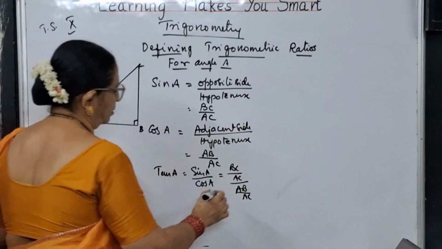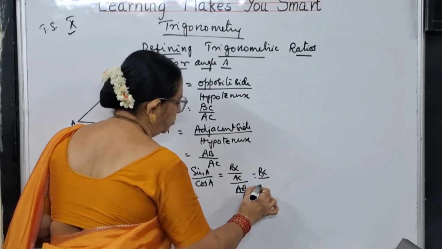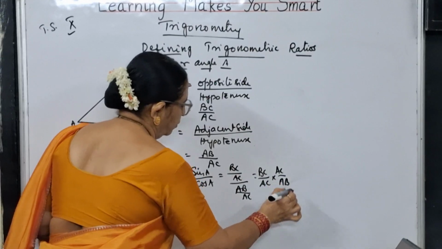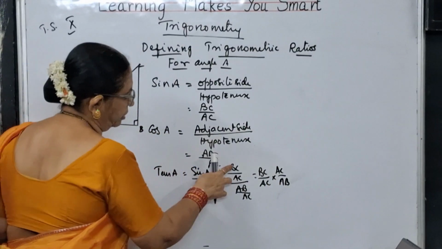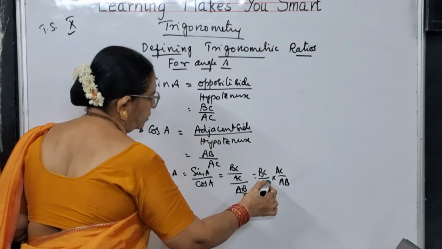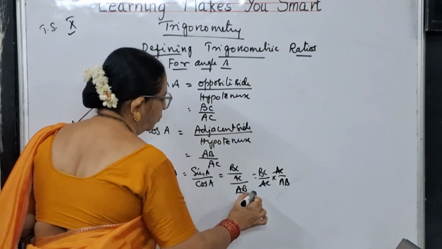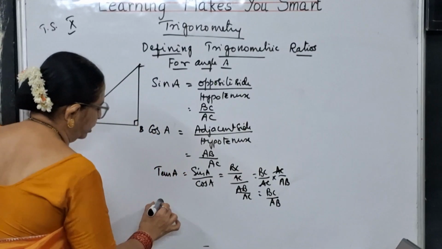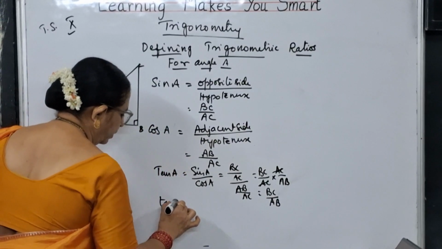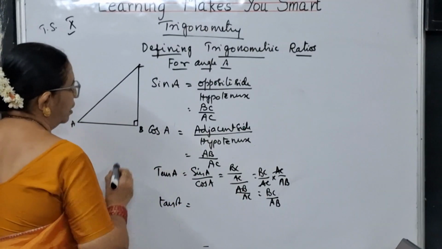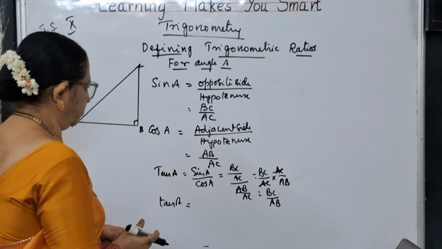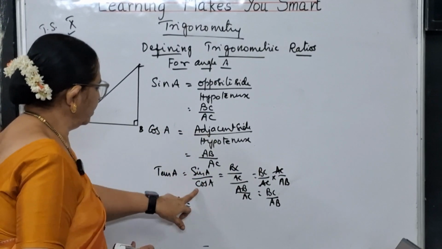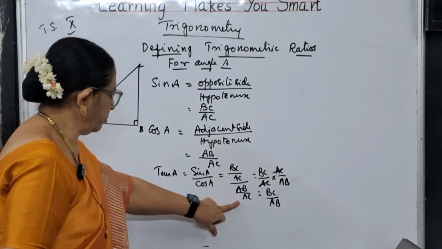How can you write this? This can be written as BC by AC into AC by AB. You are writing the reciprocal of it. AC will get cancelled. So what are you getting? BC by AB. So what is the tan A definition? Sin A is BC by AC and cos A is AB by AC.